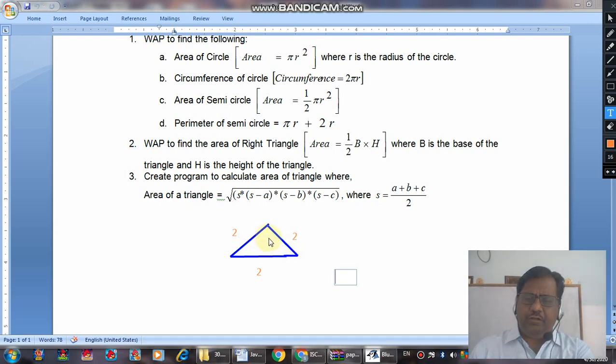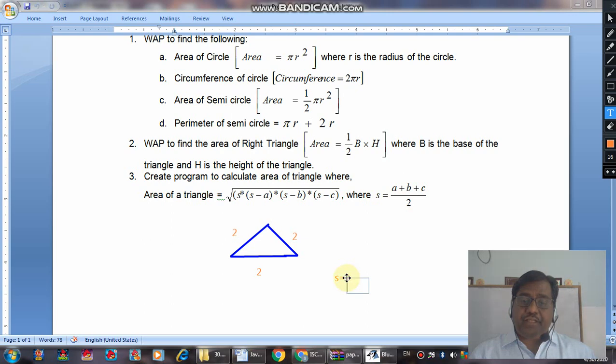So we are getting the value of 3 sides that you are supposed to take from the user. Will you take the value of S from the user, or is it to be calculated? I think it is to be calculated.